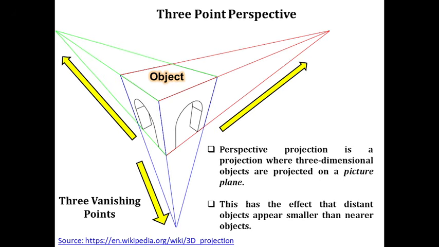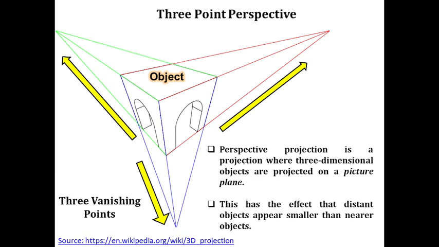Let us now study the three-point perspective projection, which provides the most realistic representation of an object. In this type of perspective, the object is viewed from a position where its height, width, and depth are all inclined with respect to the observer. As a result, none of the three principal directions remain parallel in the perspective view.